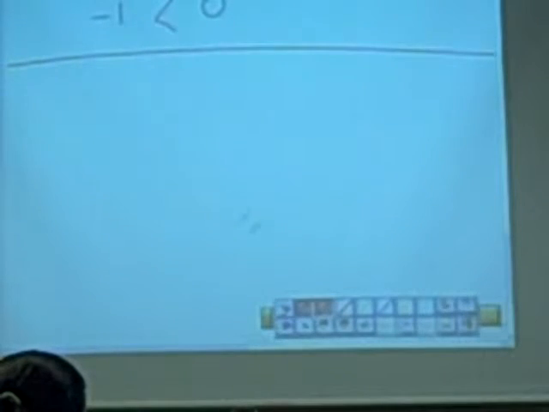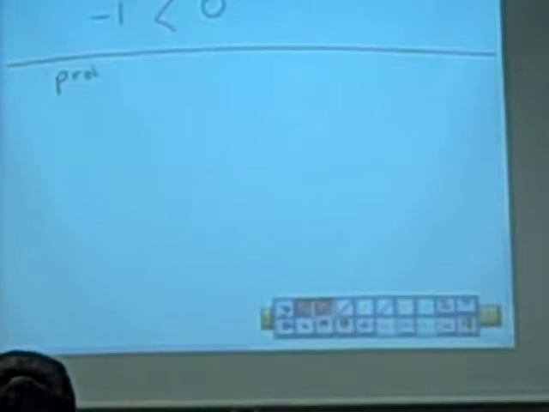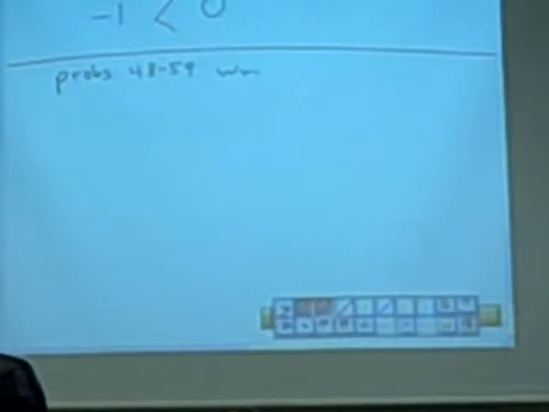Okay, problems 48 through 59. You want to write in words. You skipped a section. Yeah, 40 through 40. Put them in order and find the opposite of the number.